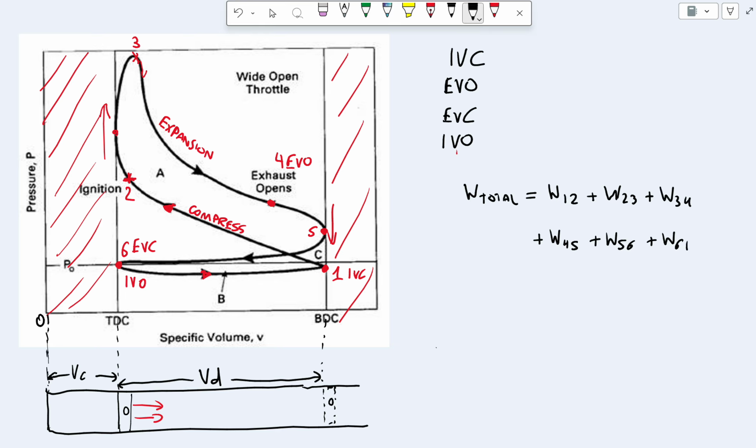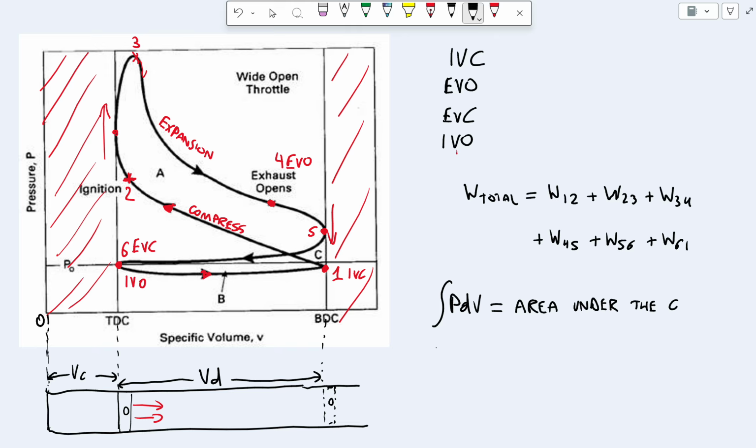We're basically going around the PV diagram and we're plotting the whole work throughout this PV diagram. And the idea here is that we can solve for the work. And we know that the work is the integral of PdV. Now, the nice thing about the integral of PdV is that on this diagram, you can figure it out from the area under the curve.